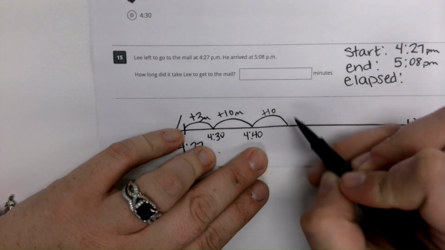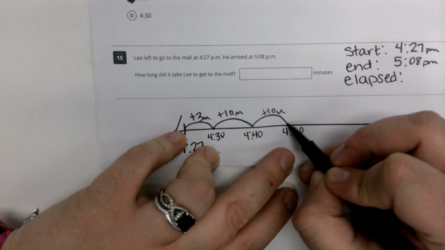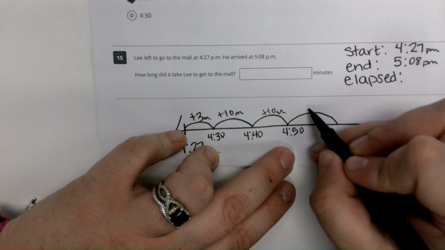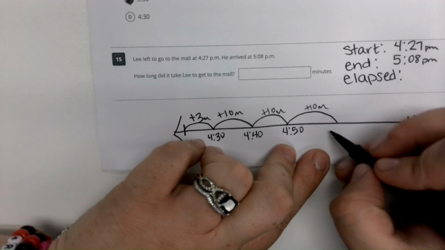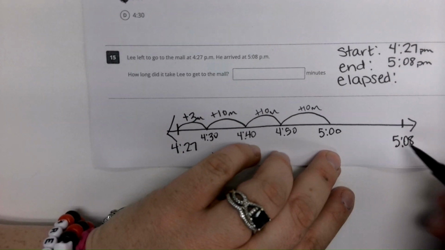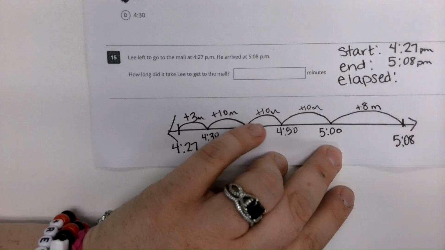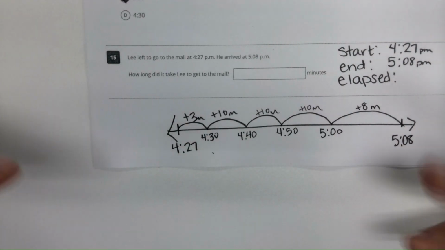10 more minutes to get to 4:50. 10 more minutes to get to 5 o'clock. Okay. And then we need to go 8 minutes to get to 5:08. So we're going to write that. Now you just add them all together.